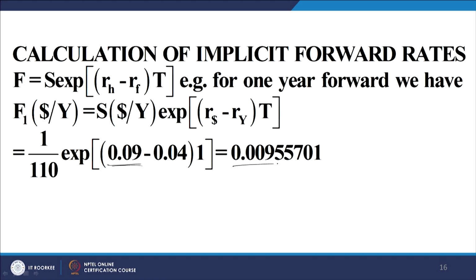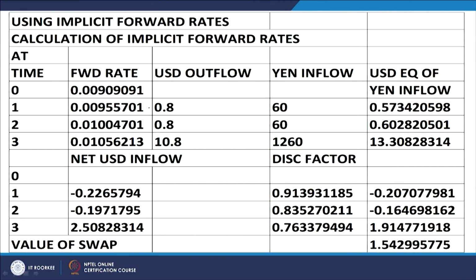So, this is the forward exchange rate at the end of 1 year in terms of dollars per yen. This is the US dollar outflow that we worked out in the earlier case, this is the yen outflow, and this into this gives us the US dollar equivalent of the yen outflow.